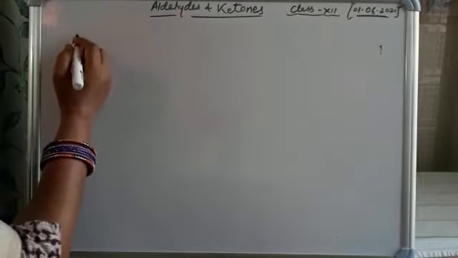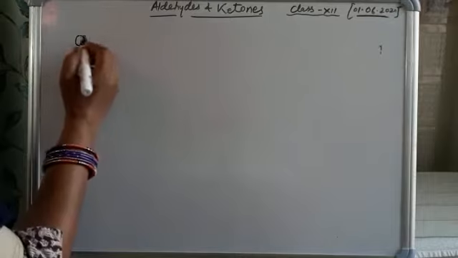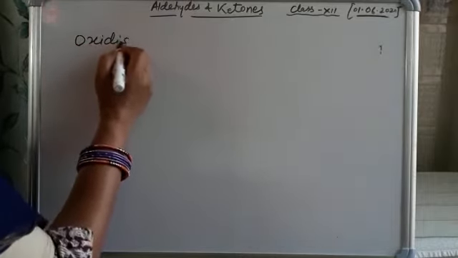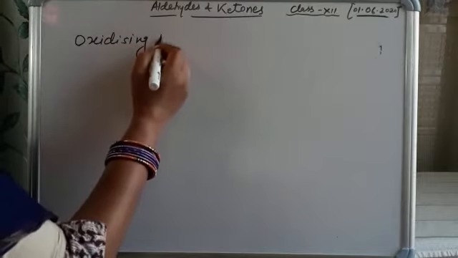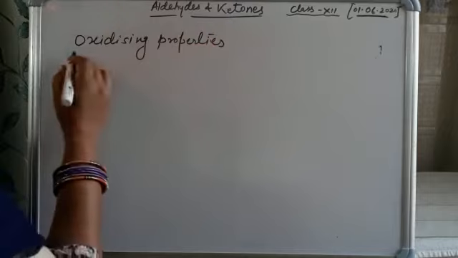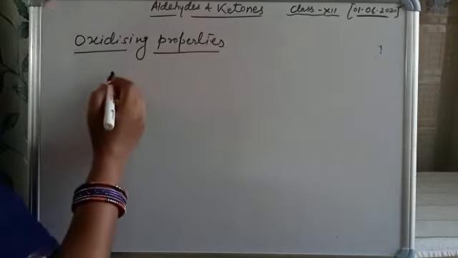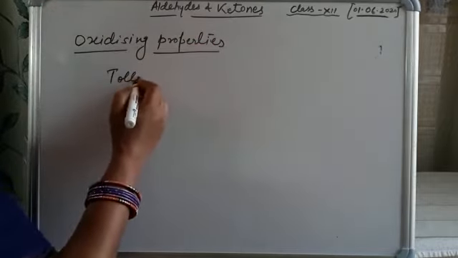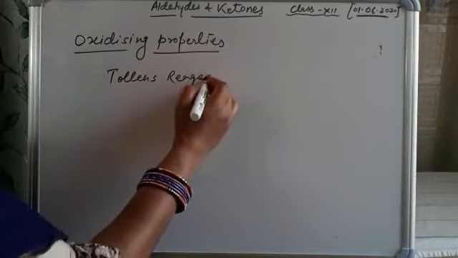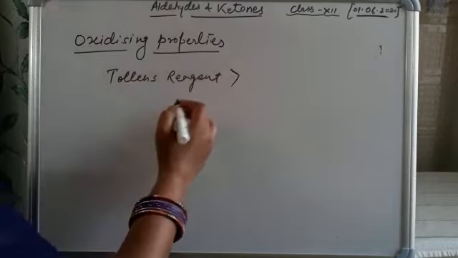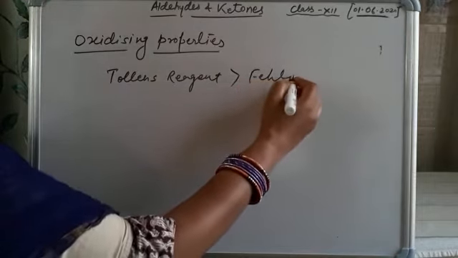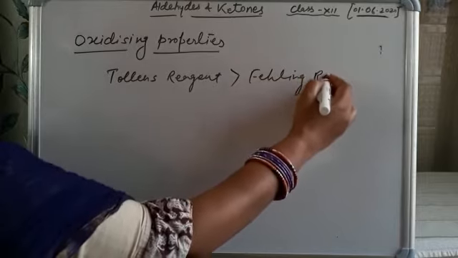Let's see the oxidizing property of Tollens reagent and Fehling reagent. Tollens reagent is a stronger reagent than the Fehling reagent.